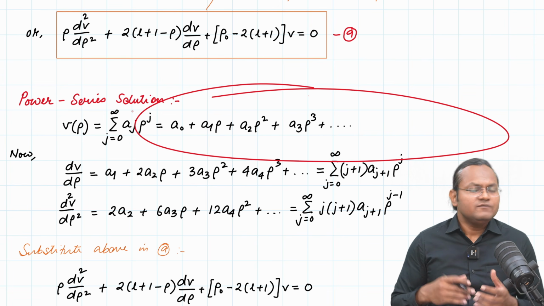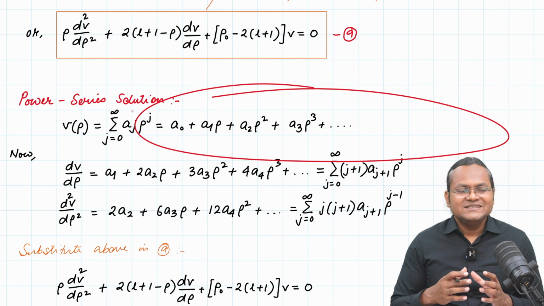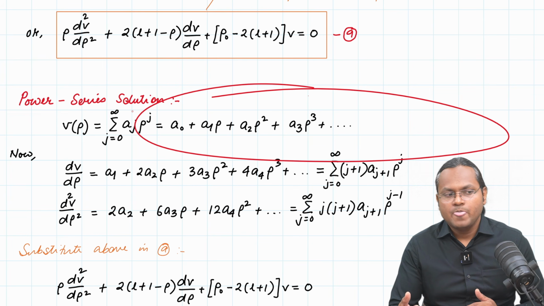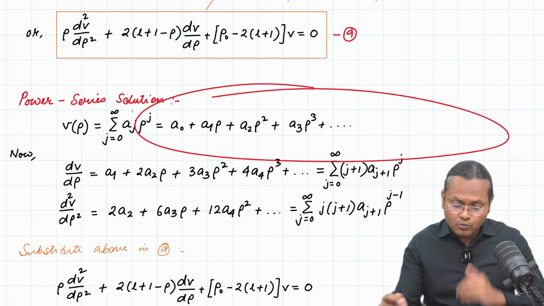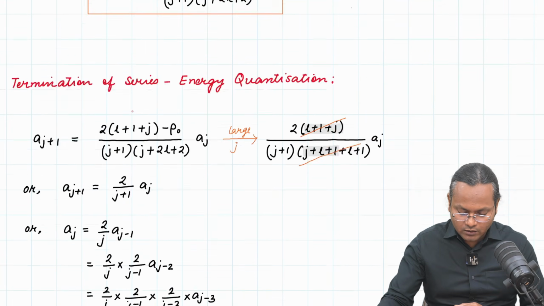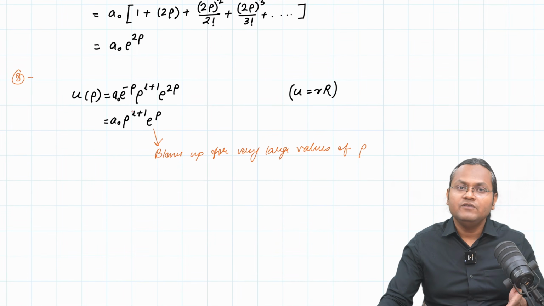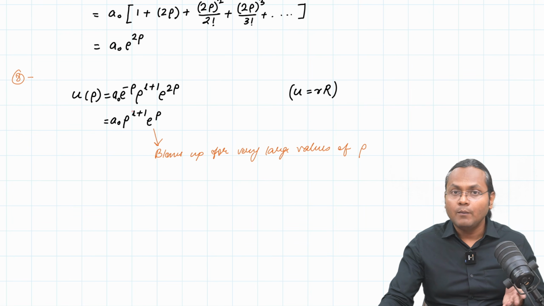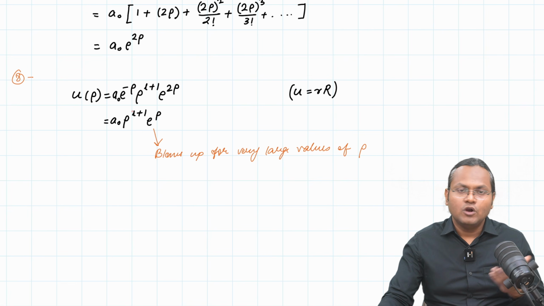That means for some reason the series terminates after a certain number of terms. If that happens, then we can avoid this behavior that we do not want in a quantum mechanical system anyways. The wave function should be normalizable. It cannot blow up. If it does blow up, then we do not get meaningful information from it.